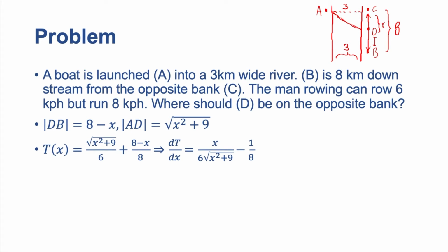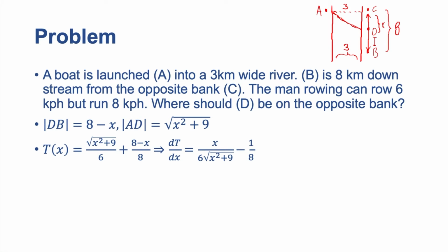We have the distance AD over the speed. AD is in the river, so we know he can do 6 kilometers per hour in the river. And then we have 8 minus x, the distance between D and B, over 8, which is the speed that he can run at, 8 kilometers per hour. All right, so now we have a function, t of x. Now what we need to do is minimize this function.